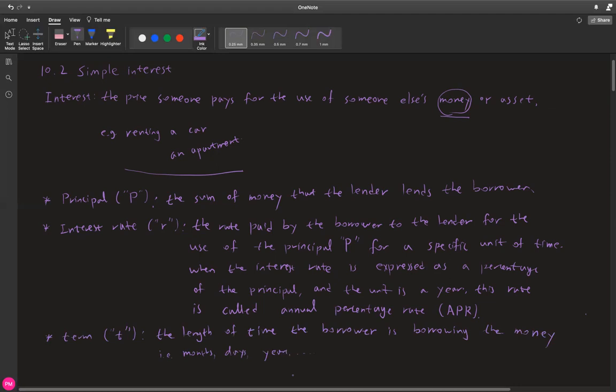But you should all be aware that when you are given the APR, since APR stands for annual percentage rate, if you are given the term in a different unit, you always have to change to years. But in the case where the interest rate is not given as APR, it can be any different unit of time.